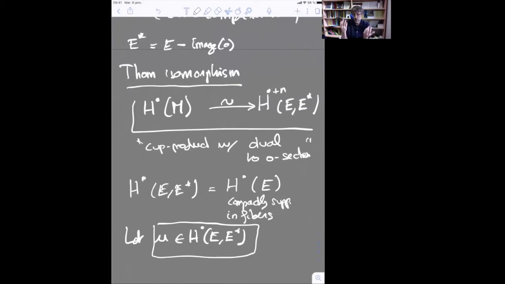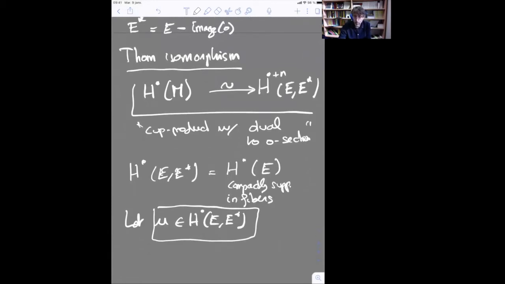If you want to think in terms of differential forms, it's like a closed form on the total space, which is compactly supported in the fiber and has integral 1 on these fibers. So this is dual to the 0 section, and this is called the Thom form, and it's also the image of 1 through the Thom isomorphism.